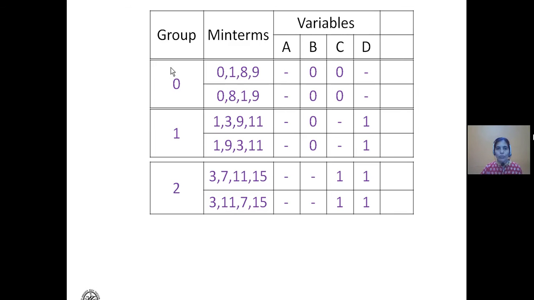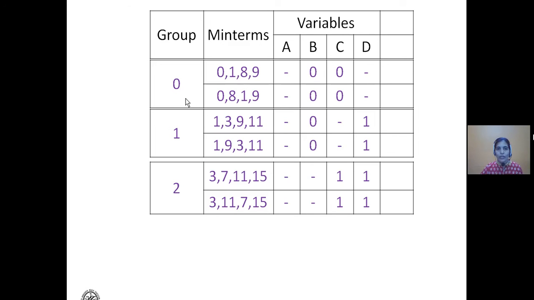Now if we look at group 0, the dashes are in the A and D columns, and it does not match with any of the groups in group 1. And in group 1, if we look at the dashes, which are in A and C, they do not match with group 2.